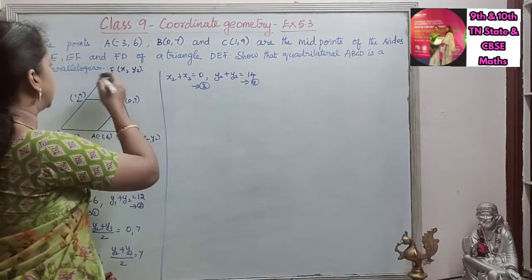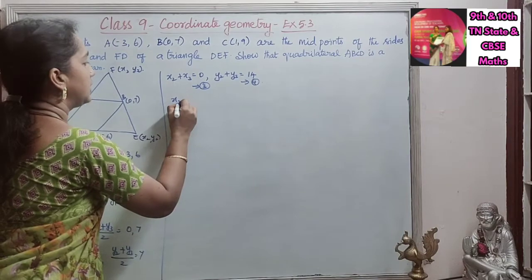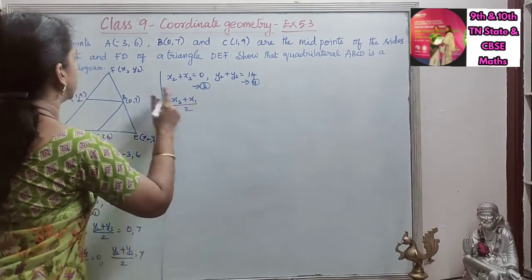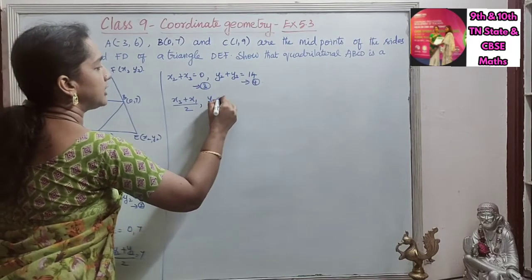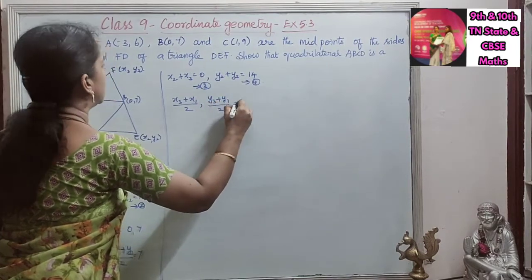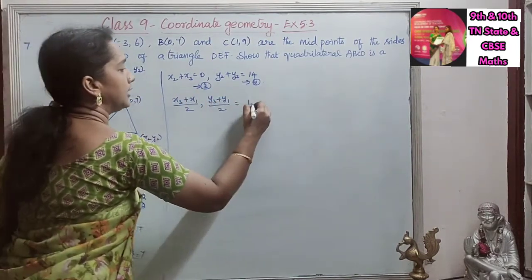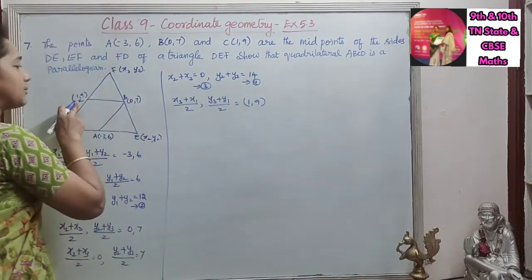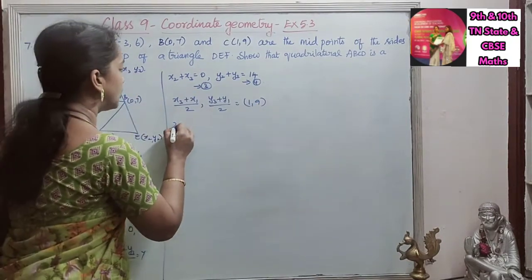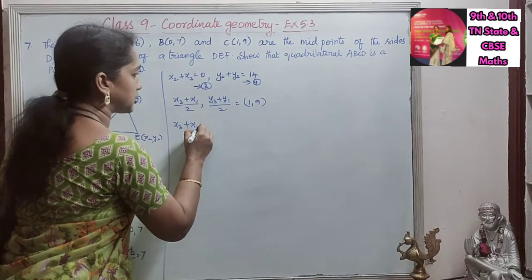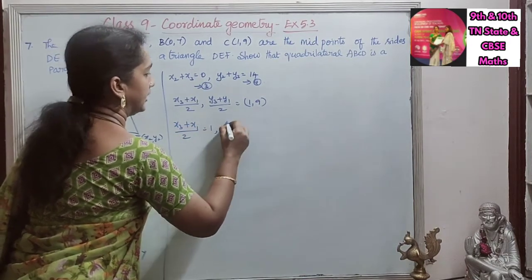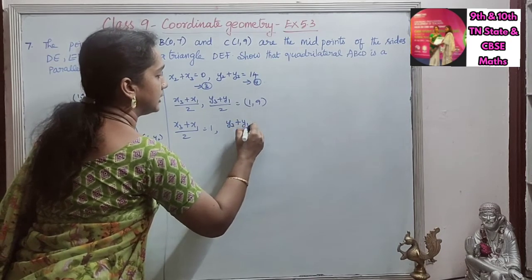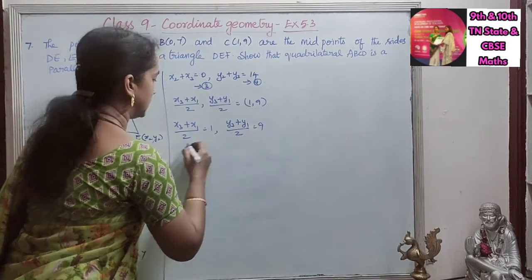So this is the third equation and this one is the fourth equation. So now the other side, (x3 plus x1) by 2, (y3 plus y1) by 2 is equal to 1, 9. For that, 1, 9 is the midpoint. So (x3 plus x1) by 2 is equal to 1 and (y3 plus y1) by 2 is equal to 9.